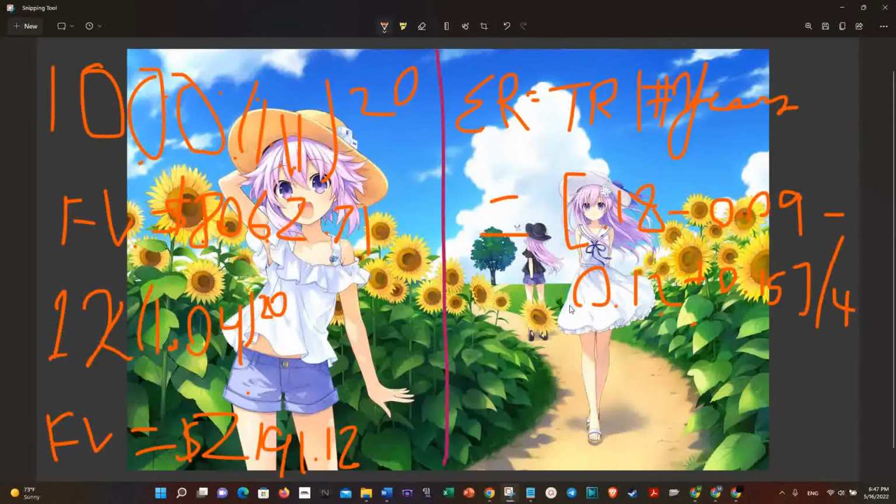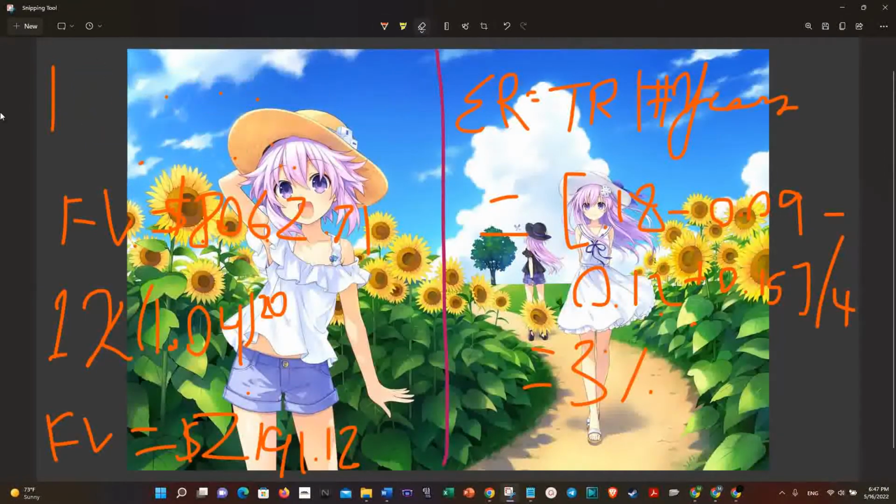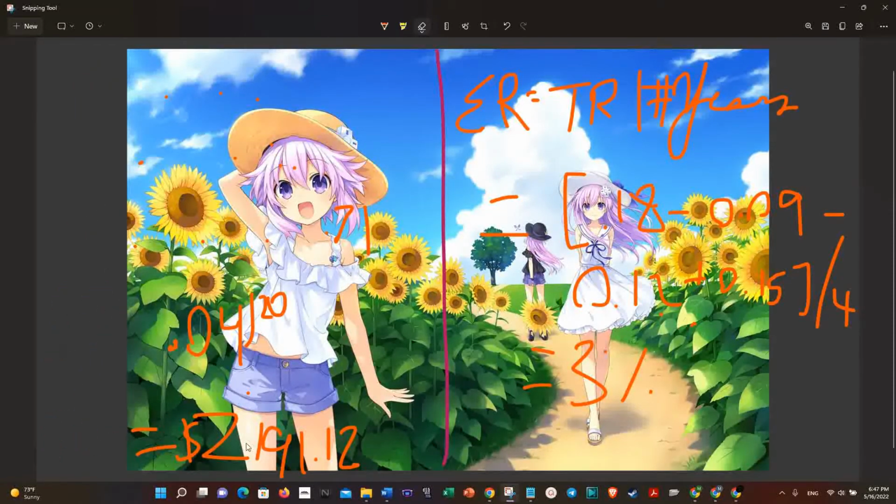You plug this into a calculator and you get 3%. Sorry, your final answer is 3%? No. That's just your expected return.